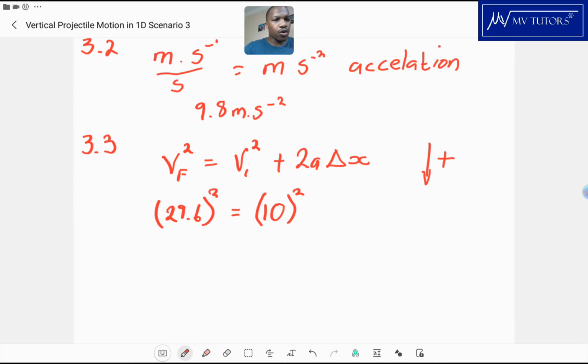So that means we're going to say plus 2 times our acceleration, because the acceleration of a free falling object is always down, so it's always positive if we've chosen down as positive. And then the change in x, that's the displacement we are actually looking for. So you put this in a calculator.